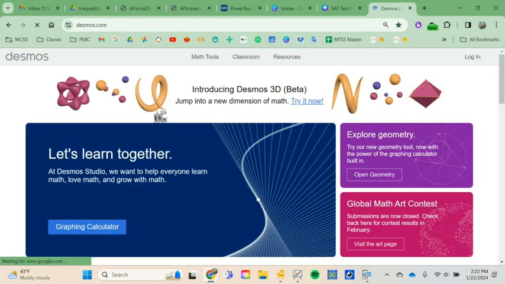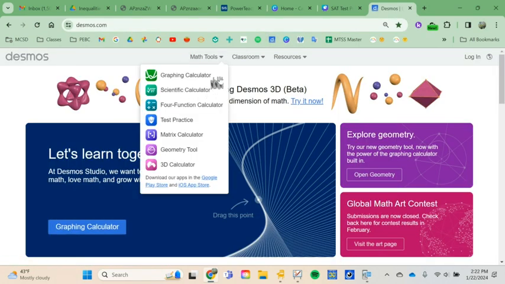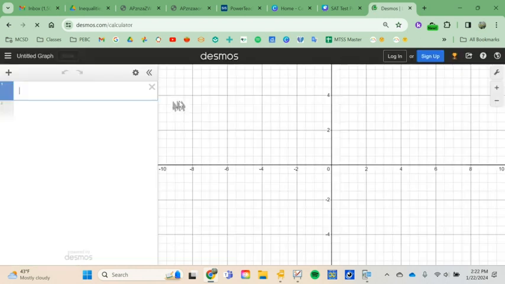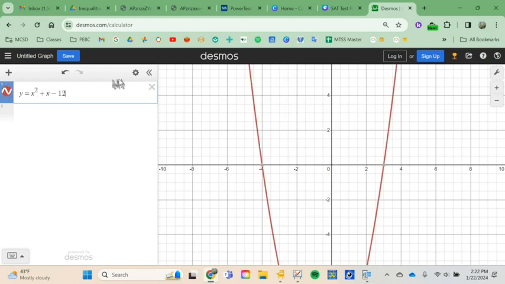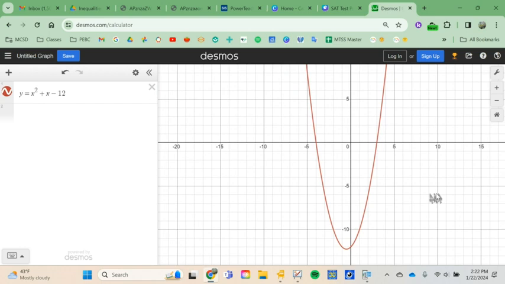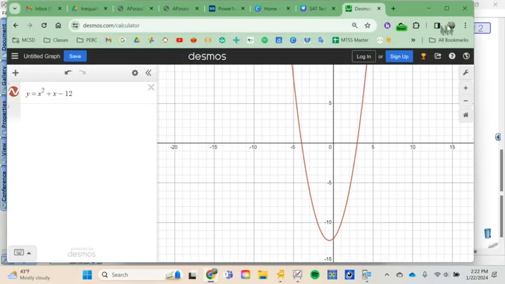It'll be a little easier to see on here. Y equals x squared plus x minus 12. Okay. Where are the x-intercepts on this graph?